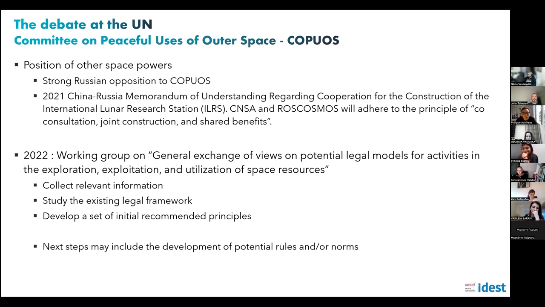So unfortunately, for those who maybe wanted a solution based more on international cooperation, at least those who want the UN to play a role here, I think that the US strategy in the end will be the one, and that the legal regime of exploitation of resources on the moon will be based on the Artemis Accords.